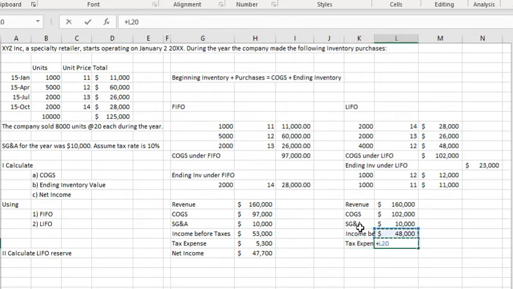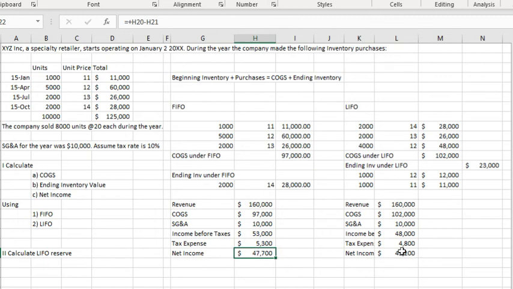Our tax expense is still 10% of the income before taxes. And our net income is income before taxes minus taxes, $43,200.